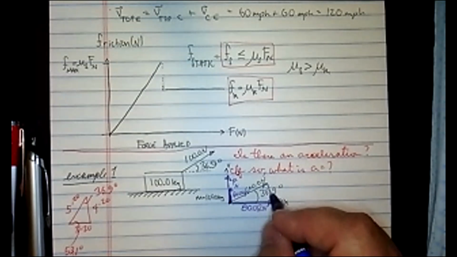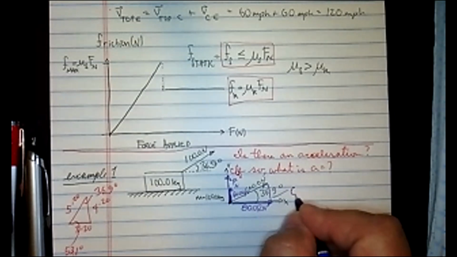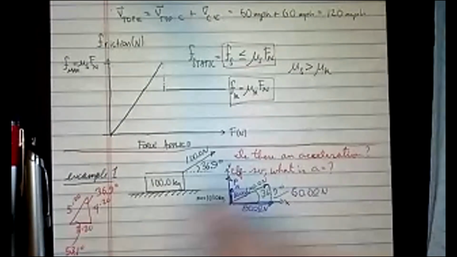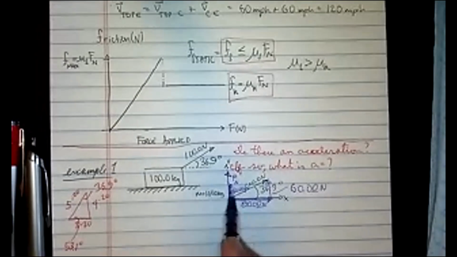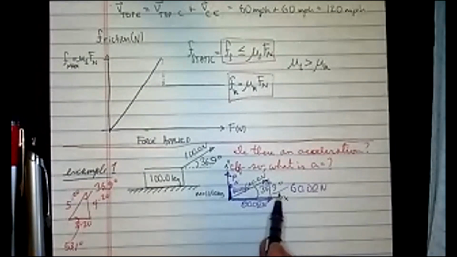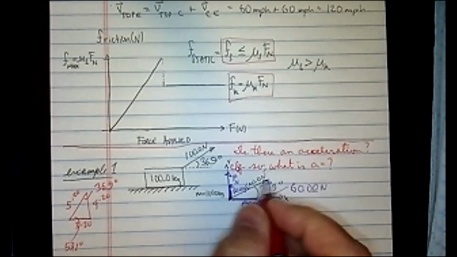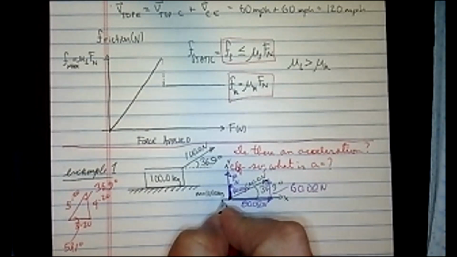Okay. So I could also say this is the 60.00 newton force here. Just don't want to count it twice. That's the main thing. So I drew it over here just to make it a little more clear. Now, with that in mind, I also know there's a friction force that if I'm pulling the object this way, the friction force is going to try to oppose that motion.